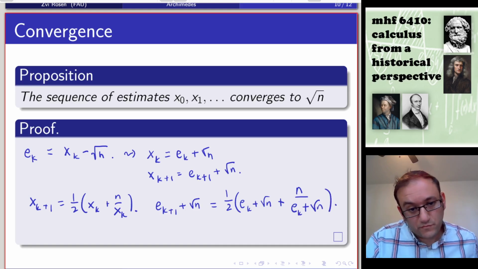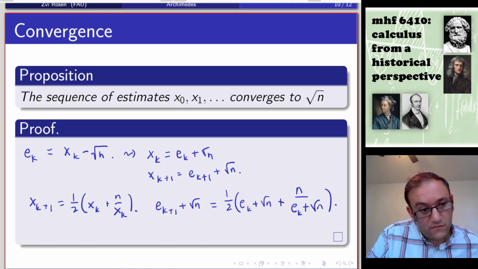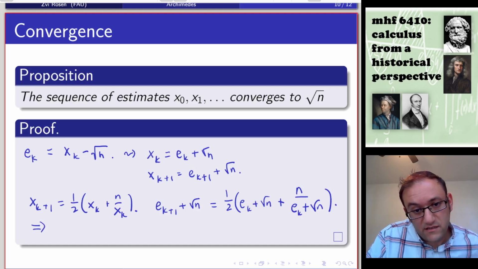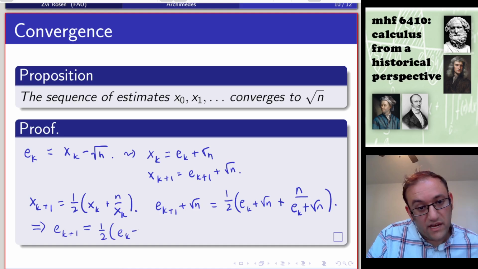Okay? So subtracting root n on both sides, we get e_{k+1} is equal to 1/2 times (e_k minus root n plus n over (e_k plus root n)).